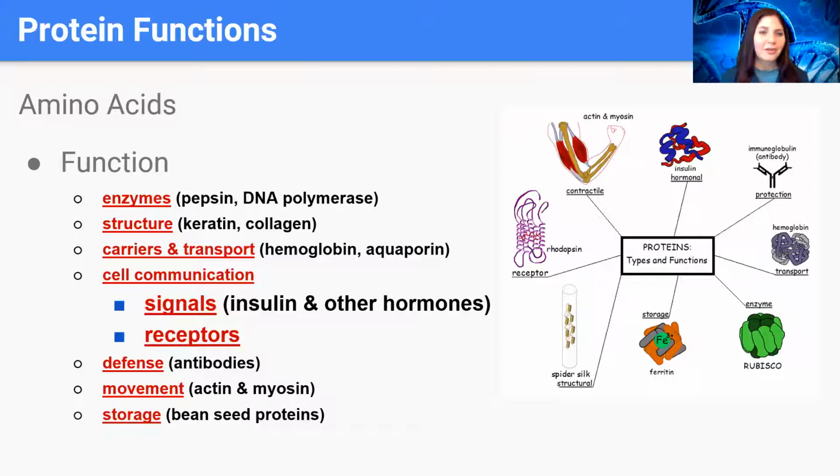They can serve for carriers and transport. They can serve in cellular communication as both the signals themselves as well as the receiving protein. They can serve for defense. They can also serve for movement in our actin and our myosin muscles. So basically like contracting my muscles right here. They serve for contraction and they compose those muscle fibers. They also serve for storage, such as in beans, seeds, the ovalbumin in eggs.